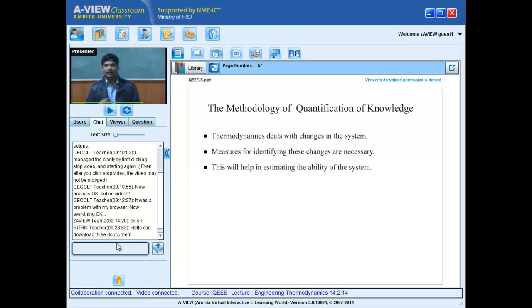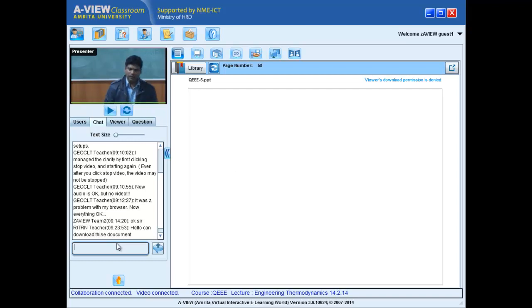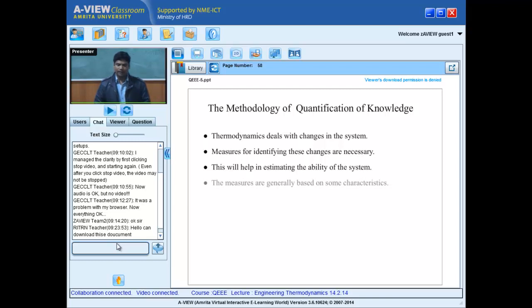So that's where this will help in estimating the ability. The moment I have numbers instead of description, I'll understand whether this refrigerator is better or this other refrigerator is better. Comparing two different things requires numbers more than a description. That's how slowly we need to move, as engineers, from description in terms of numbers. I need to find those characteristics which can be given a number.